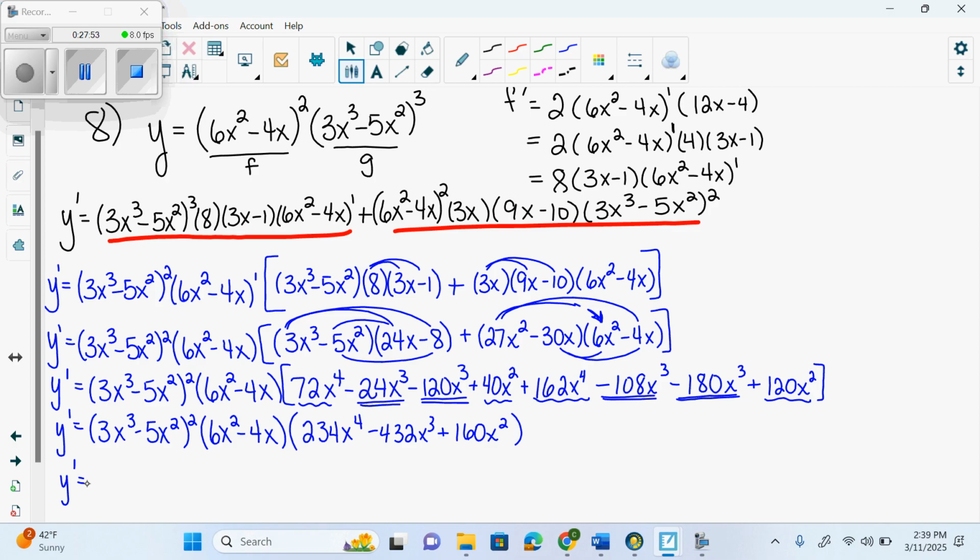You can only take out a 2. So we take out a 2x squared. Then this rewrites. And then this becomes 117x squared minus 216x plus 80. Oh, I can put it on my calculator first.